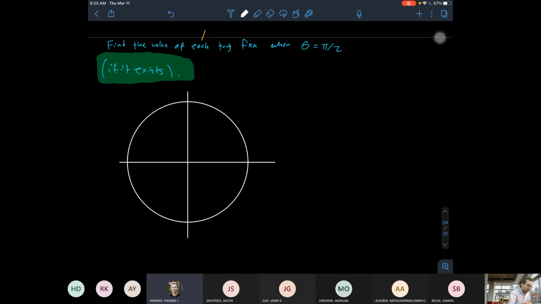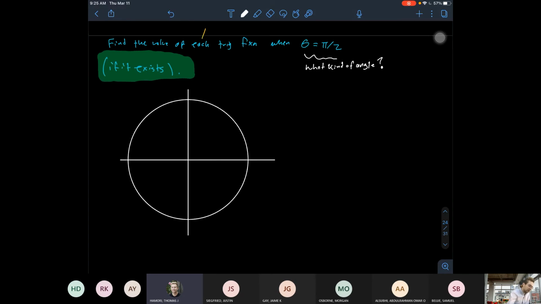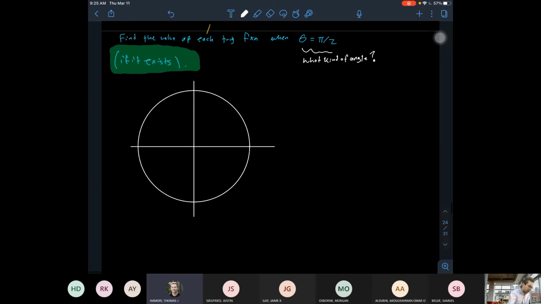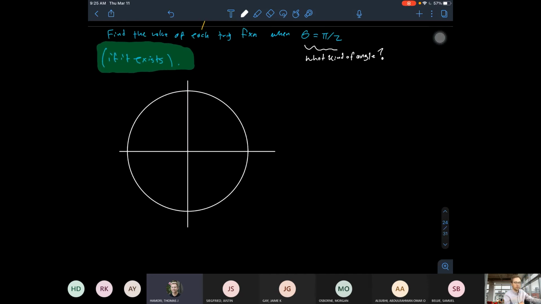Okay, so theta is equal to pi/2. Someone tell me, what kind of angle is this? What kind of angle is pi/2? Yeah, a 90-degree angle.